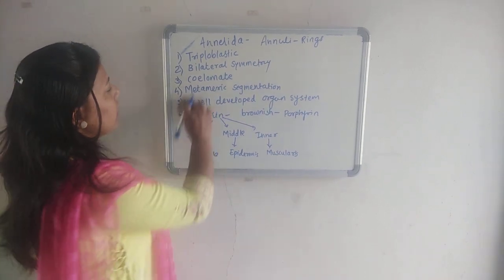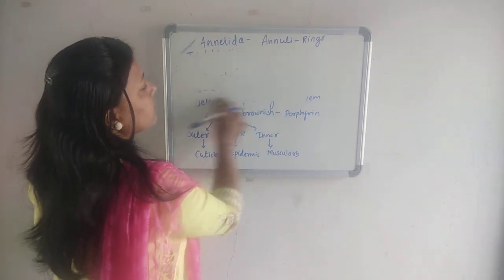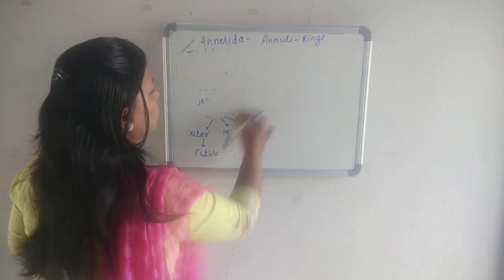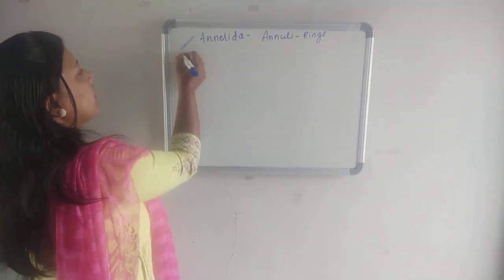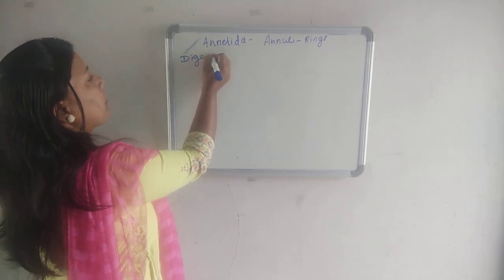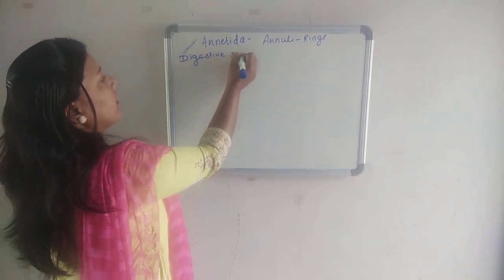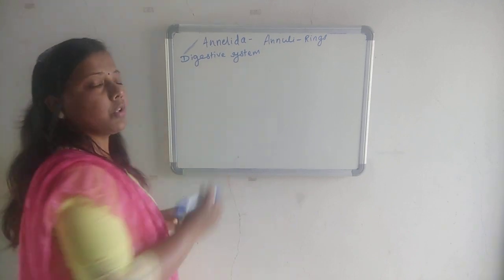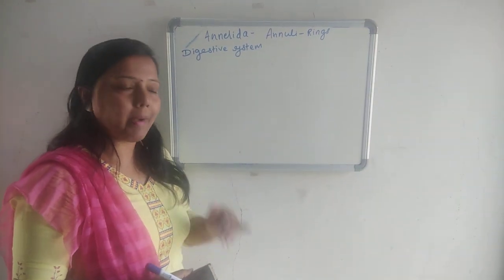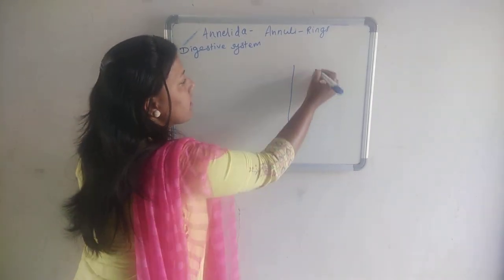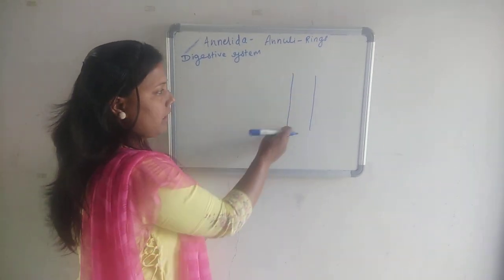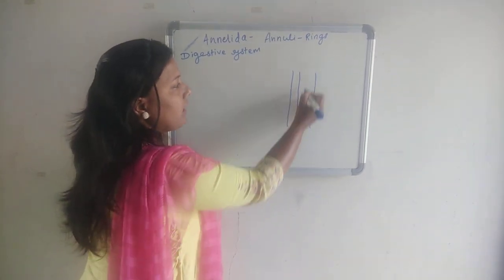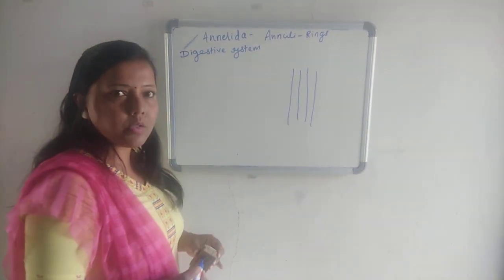Now, next we'll study their different systems. First of all, their digestive system. These annelids show a tube within a tube body pattern. It means, see, this is their outer layer, the peritoneum, and inside that they show their digestive system.